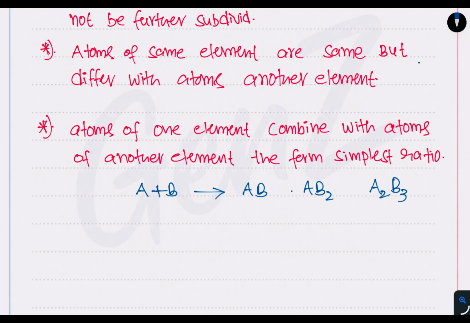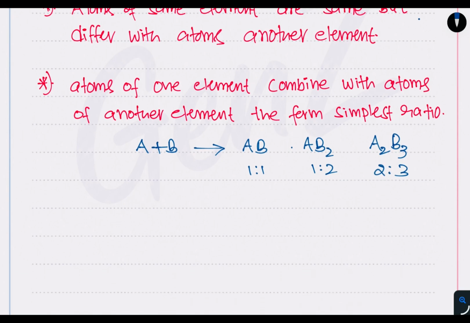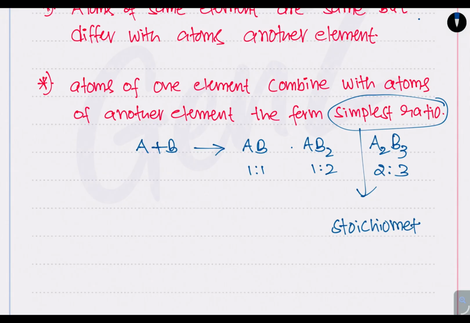Here it is a 1:1 ratio, this is a 1:2 ratio, and this is a 2:3 ratio. Like this, the simplest ratio will be formed. The simplest ratio is also considered a stoichiometric ratio.